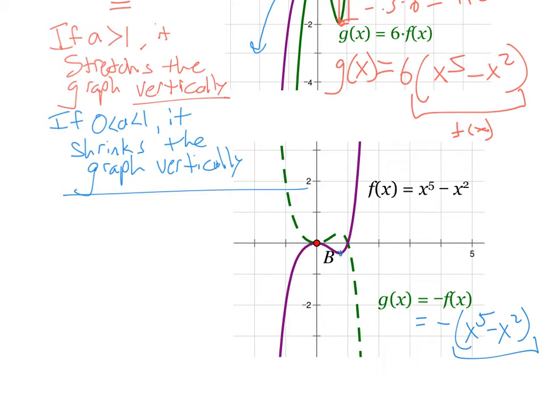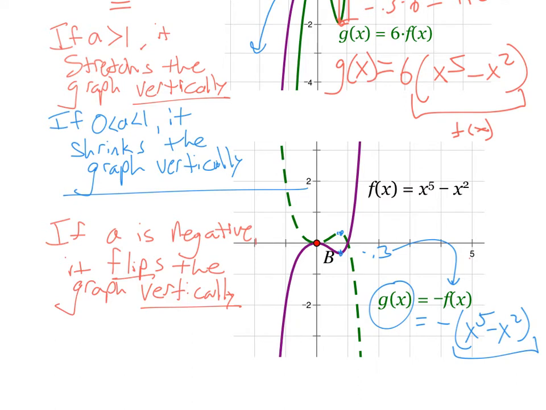So if the height was about negative 0.3, when we put negative 0.3 in for f of x, we're going to change it to positive 0.3. So g of x will have a positive value. So it reflects across the x-axis. This green one here is negative f of x. The blue one is positive f of x. So making a negative flips the graph vertically, upside down.